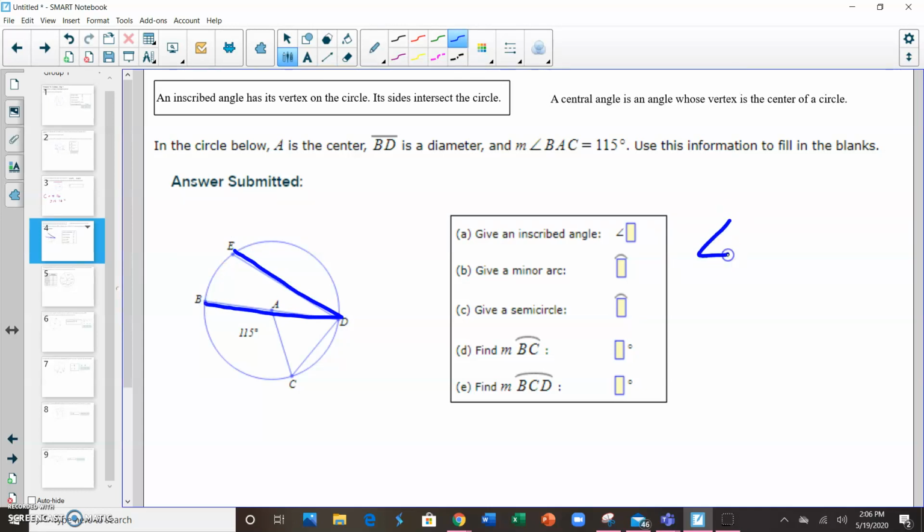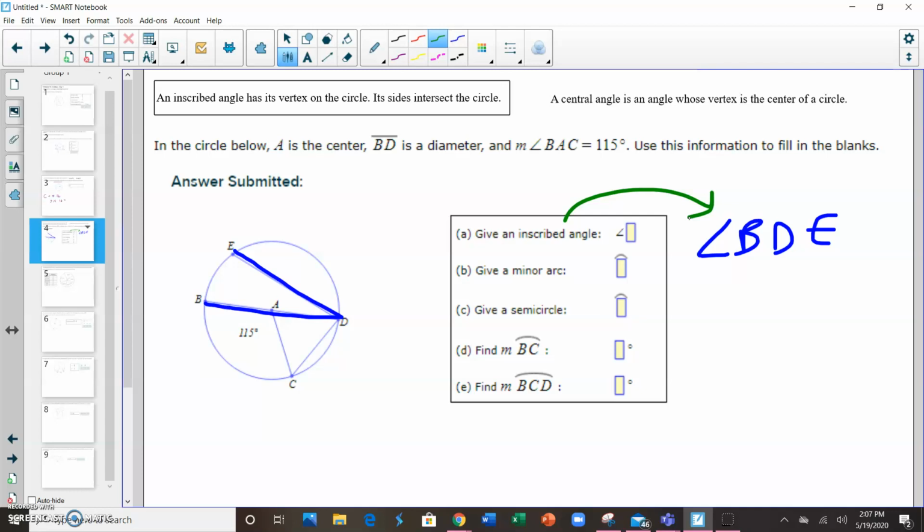That would be angle BDE, because the vertex is on the circle and the sides connect with the circle. So BDE, or you could also say EBD.